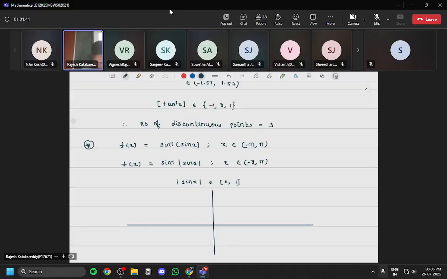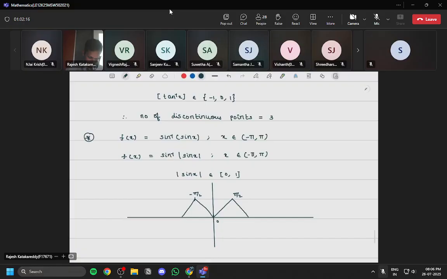Output must be positive means... this is what I'm thinking, right? I hope you understood.